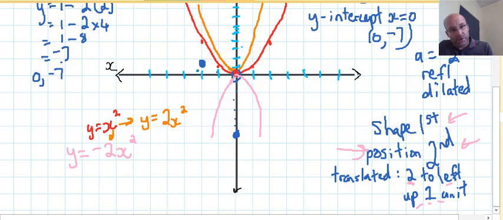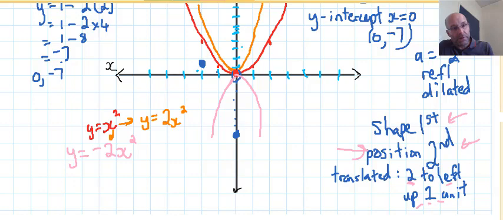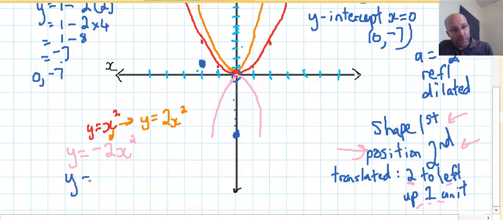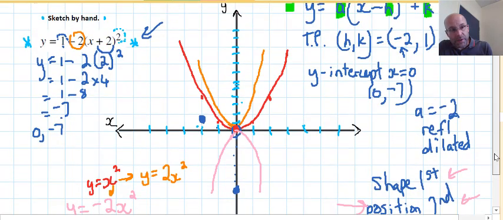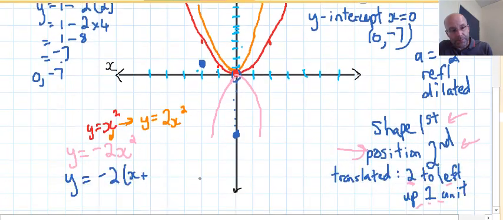We need to try and keep the shape the same, and so the final one I'm going to put in dark blue, so that will be y equals -2(x plus 2) all squared, plus 1.